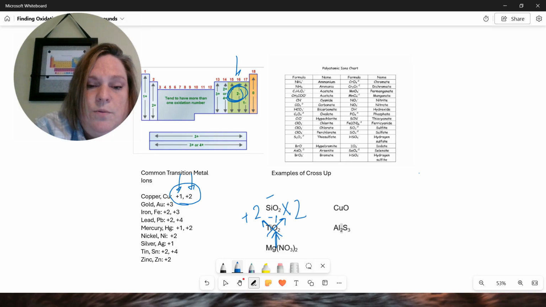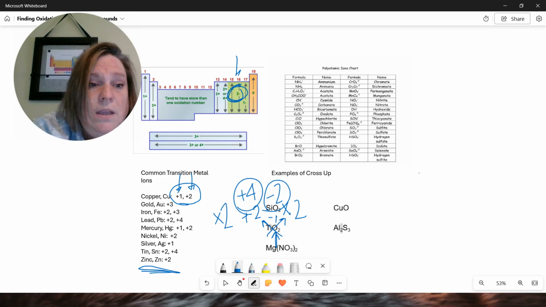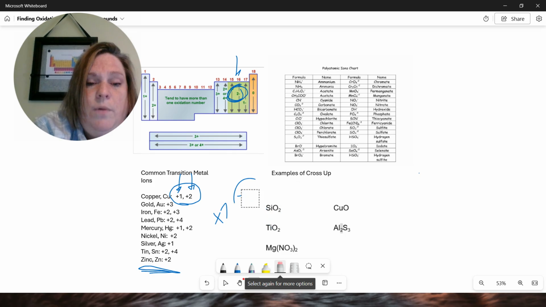So 2 times -1 gives it that -2. But what we do to one side, we must do to the other. So the titanium is a +4. Titanium is not in my typical common list. So this cross-up allowed me to determine that this titanium is a +4. And that's where this method is very useful if it's not something common or trend following.